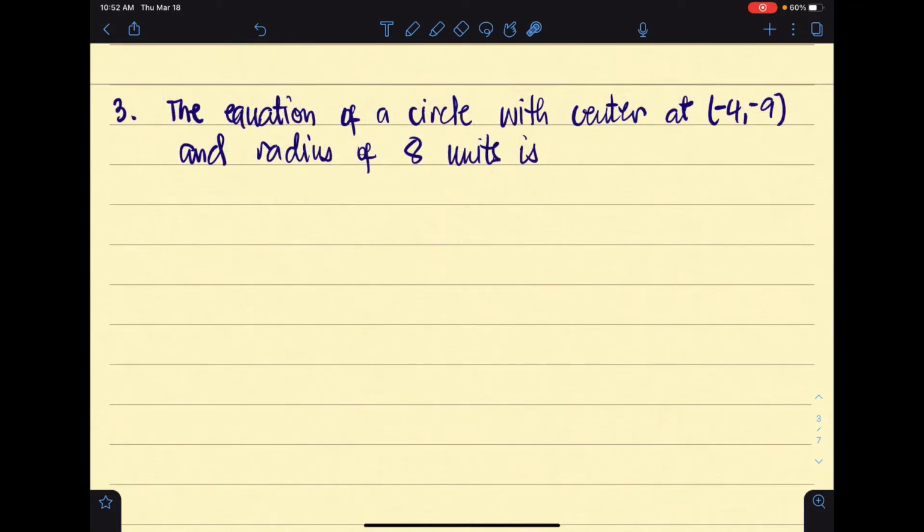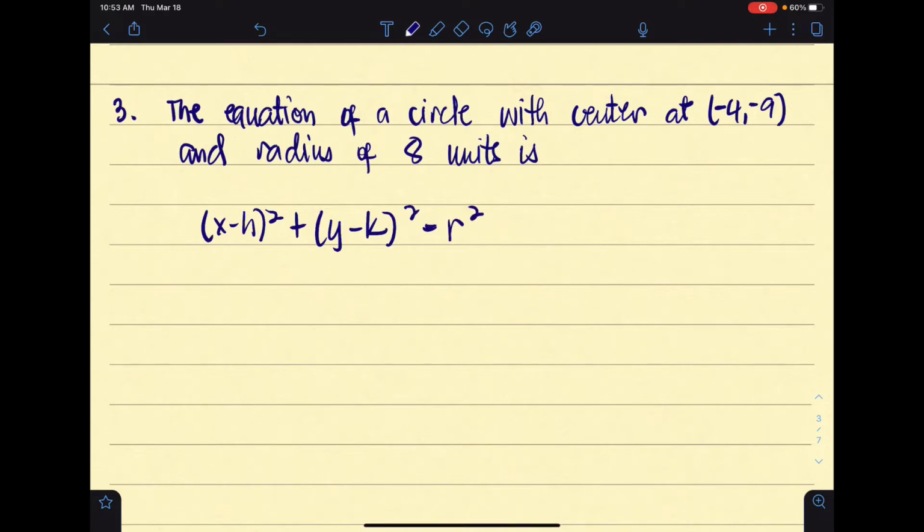For the number 3 example, we are going to determine the equation of a circle with center at (-4, -9) and a radius of 8 units. Again, we won't stray from the standard form of the equation of a circle: x minus h squared plus y minus k squared equals r squared.